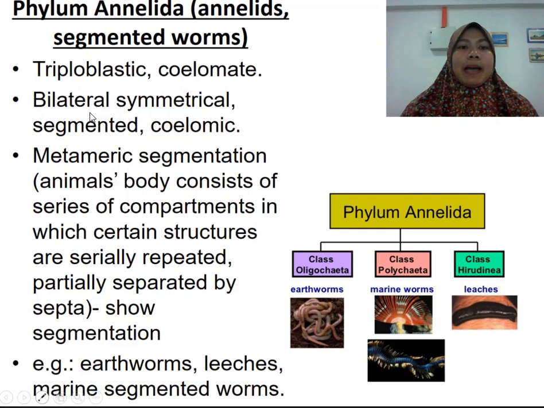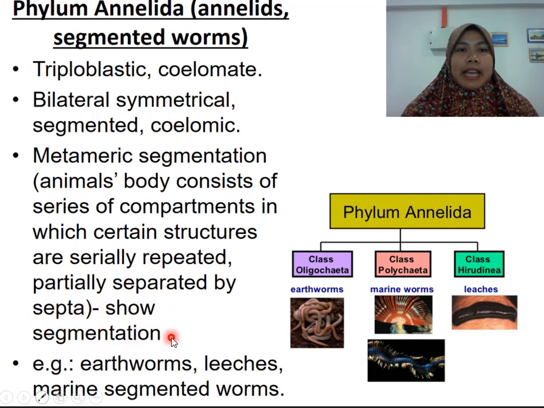They show bilateral symmetry with segmentation, having repeated body units. The type of segmentation that they have is known as metameric segmentation, where the body consists of a series of compartments that are serially repeated. This is what we call segmentation.